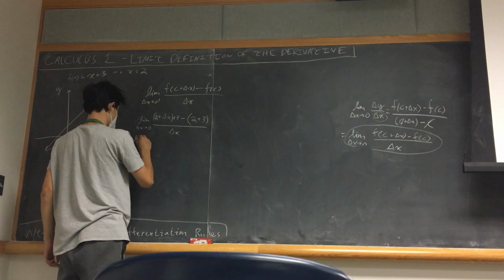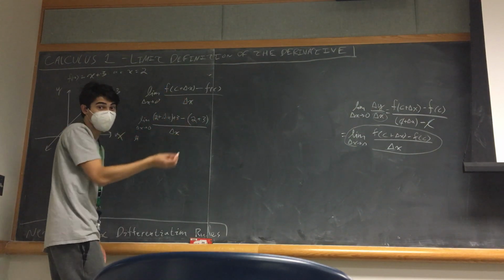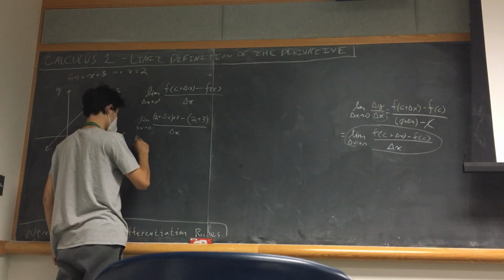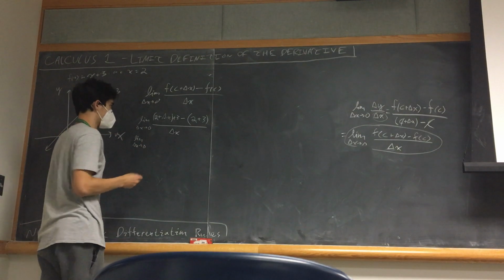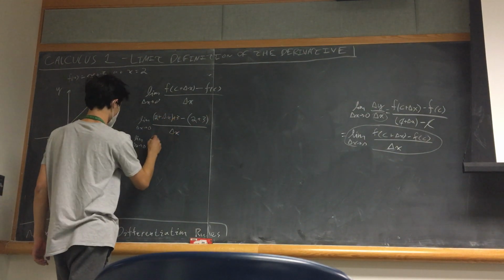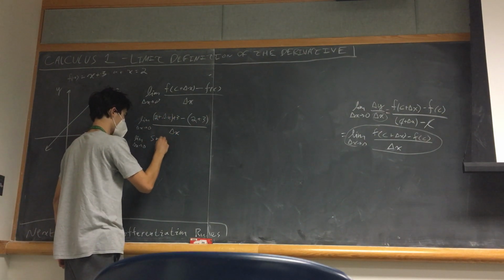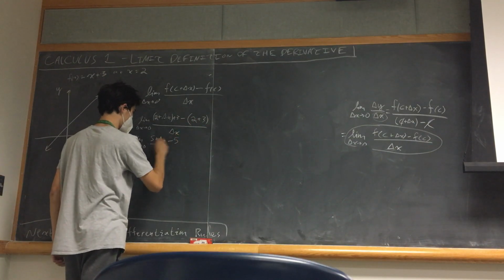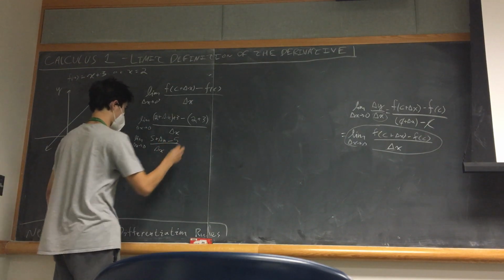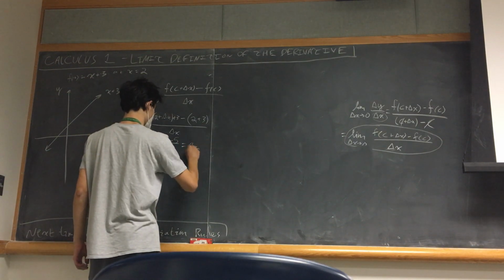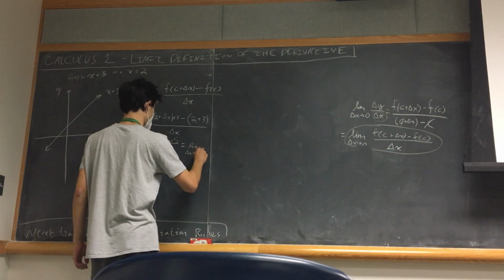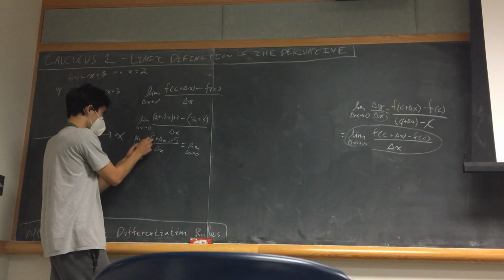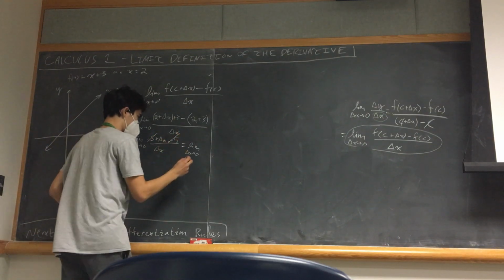So in this case, let's keep doing algebra with the numerator and see if we can get a delta x to cancel. So we have the limit as delta x approaches 0. Now 2 plus 3 is 5, so 5 plus delta x minus 2 plus 3, which is 5, over delta x. And we can see here that the positive 5 and the negative 5 cancel.